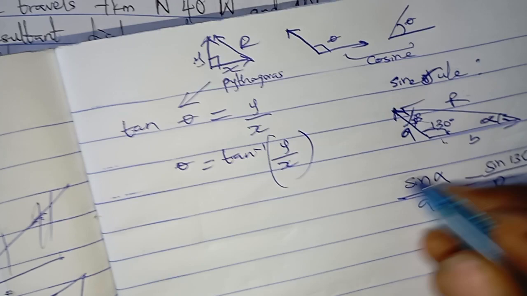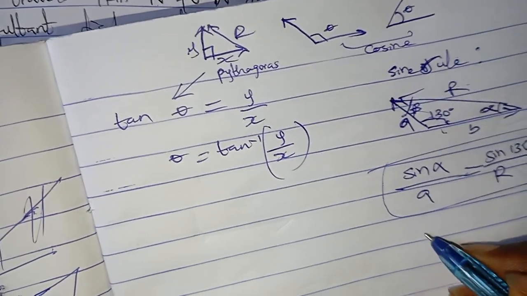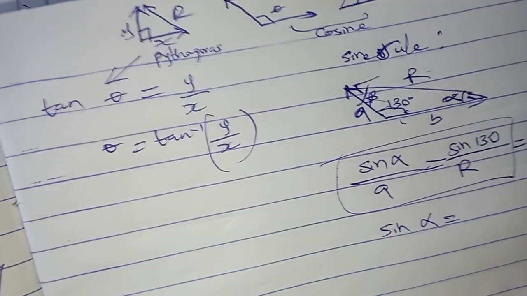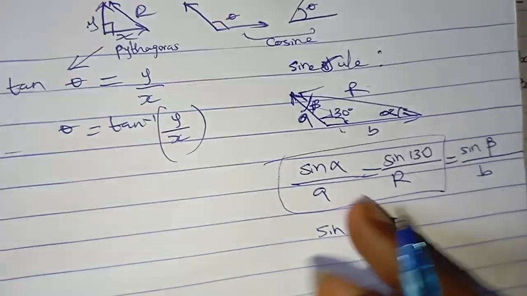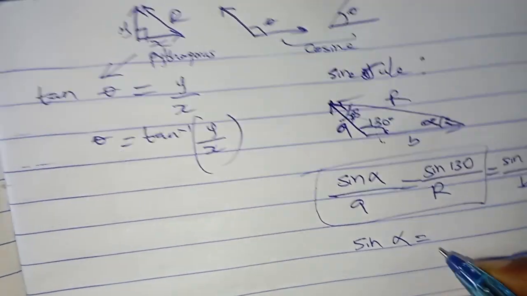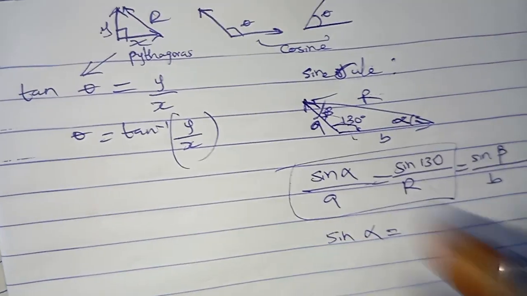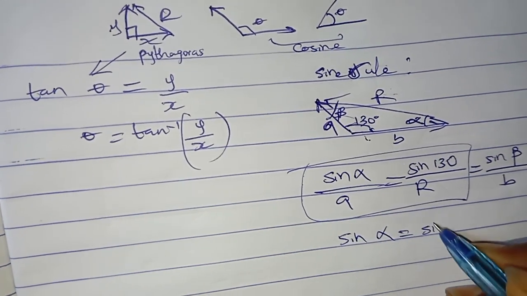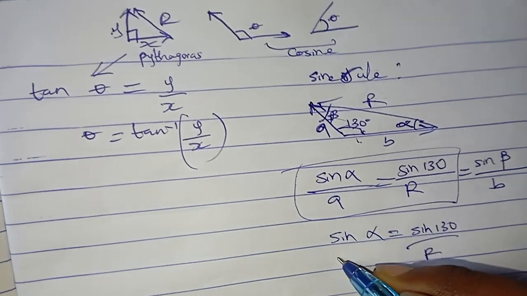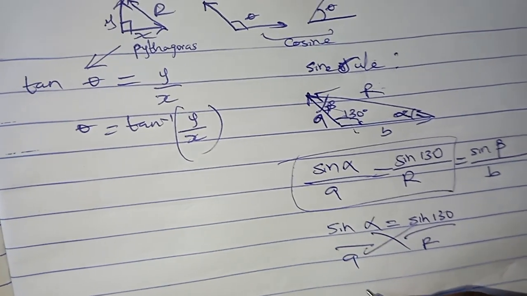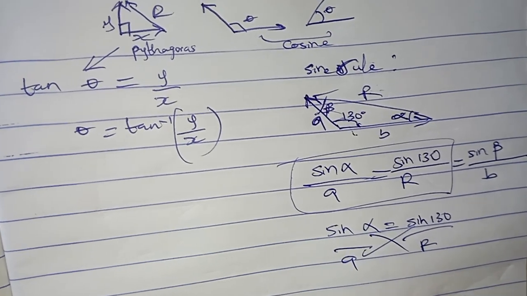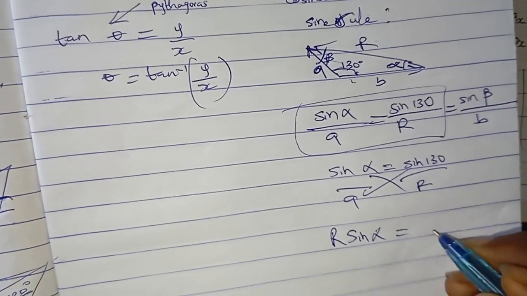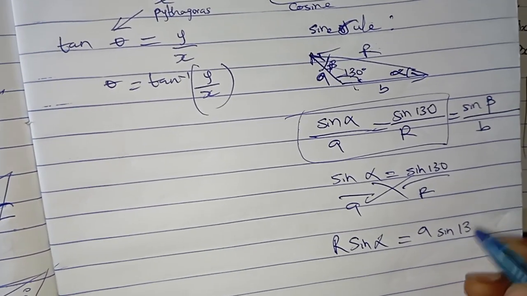So let's say I want to find these two now. I'll simply do sine alpha. I listed the three out for teaching sake, but just know that you always find between these two. So there's always one thing to find first. Sine alpha over A equals sine 130 over R. Cross multiply: R sine alpha is equal to A sine 130.